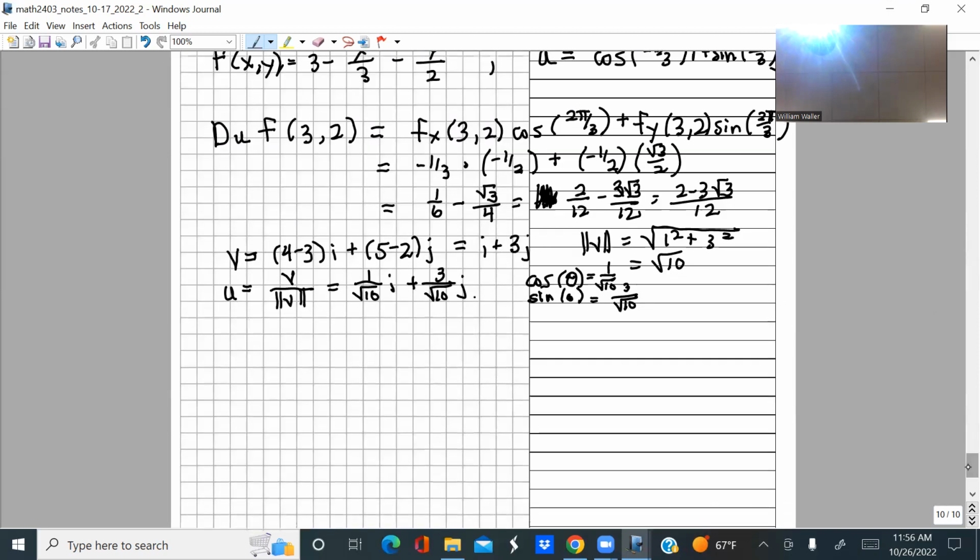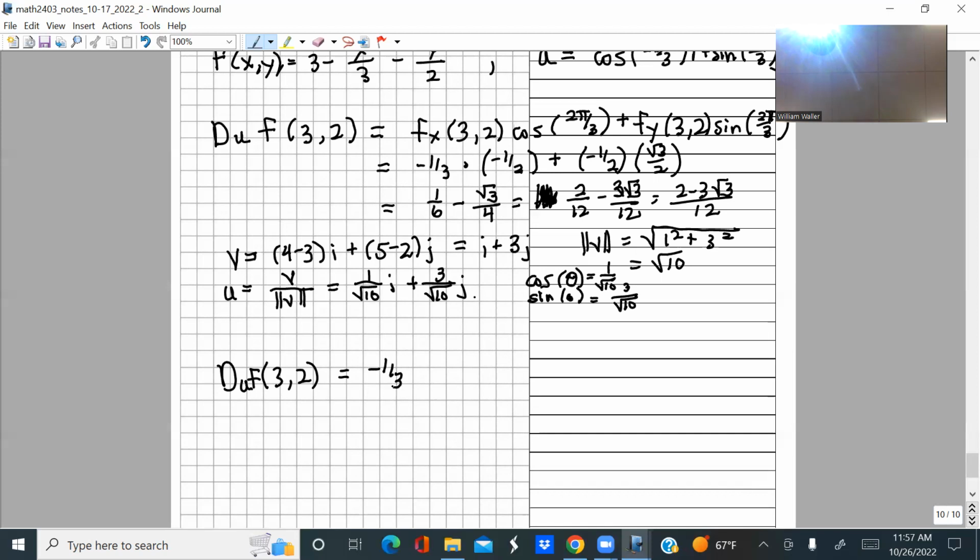All we have to do is just plug numbers into our directional derivative formula. So the slope of this surface at this point in this direction, ooh, there's a lot going on in that notation, right? Okay, so the slope of this surface when x is 3 and y is 2, in the direction of this vector u, is going to be that first partial derivative again, which is a constant.